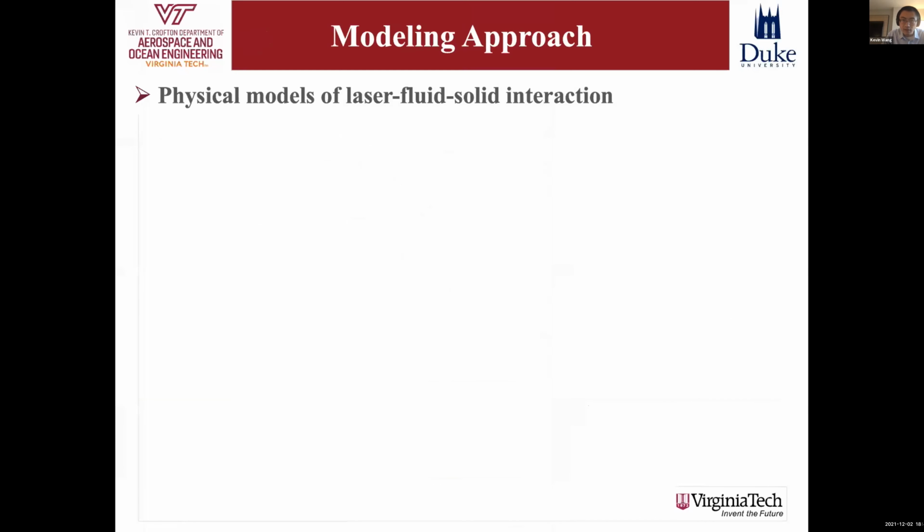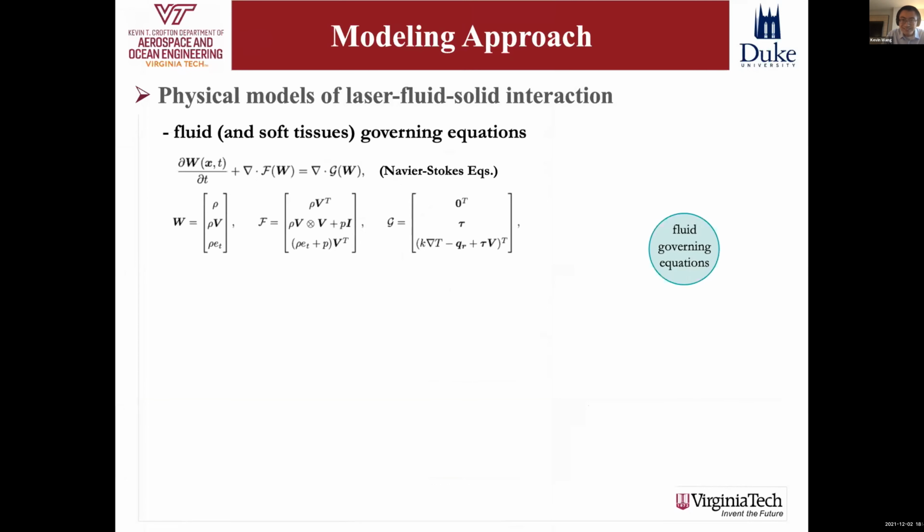We have been working on the development of a physics-based computational model of laser and shockwave lithotripsy. This is a quick overview of the equations we solve. First, we solve the compressible Navier-Stokes equations within regions occupied by fluid materials, including both liquids and bubbles, and possibly also soft tissues.